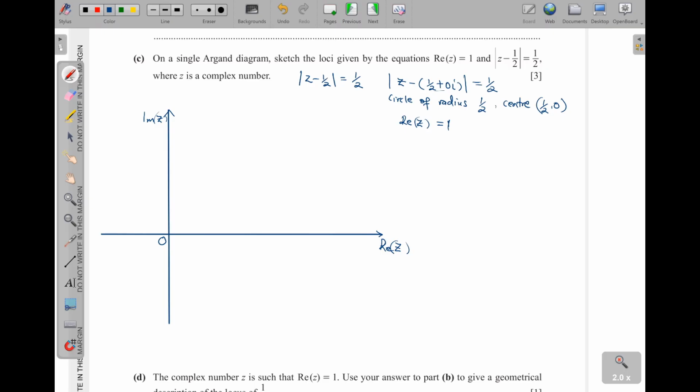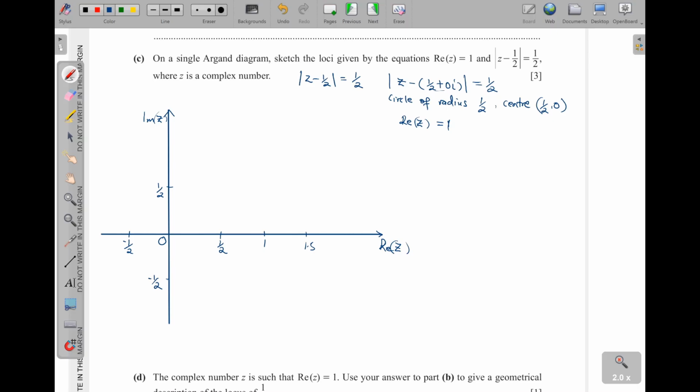Okay, you can use your compass and then you draw a very good circle. So if this is a half, and then this is 1, then this is maybe 1.5, like that. And then up this way we also have a half, and then down here we shall have negative a half, then this way negative a half, negative a half.